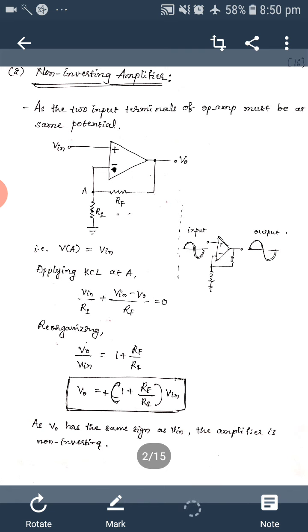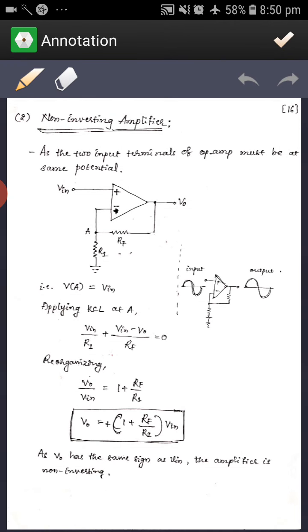The next one is the non-inverting amplifier. In the non-inverting amplifier, the feedback resistor is connected to the negative terminal only, but we apply the input to the positive terminal. Because of that we call it non-inverting.